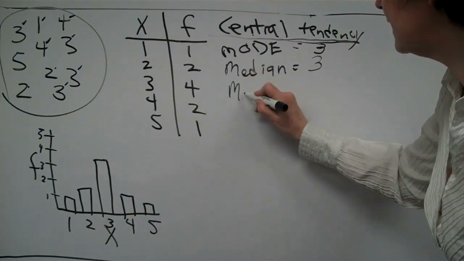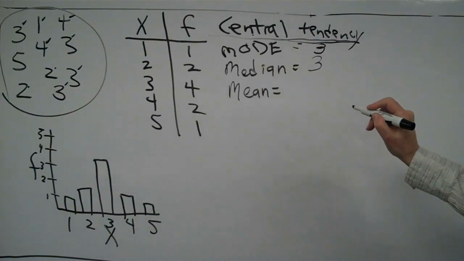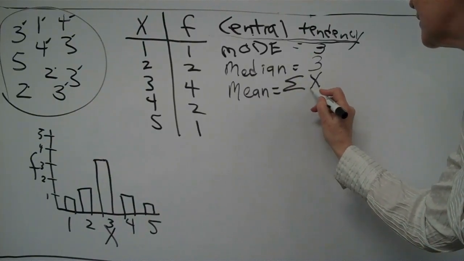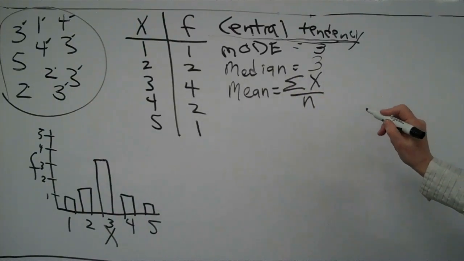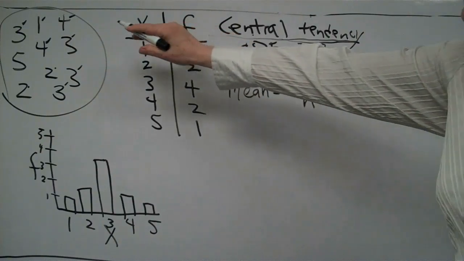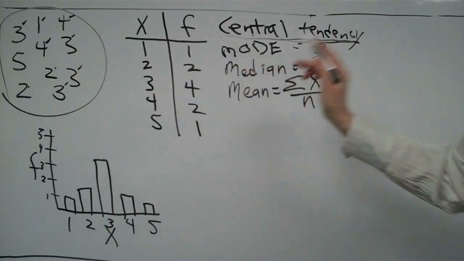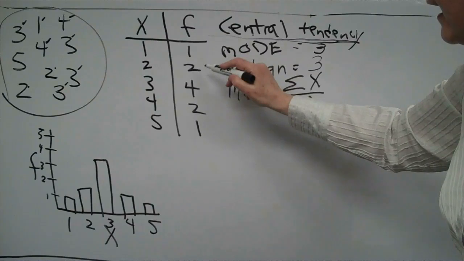The mean is the average, and we calculate it by taking the sum of all the scores divided by the number of scores. So we have to add up each of the scores. We can add them in the frequency table if we remember that we have 1 1, that's 1, and 2 2s.